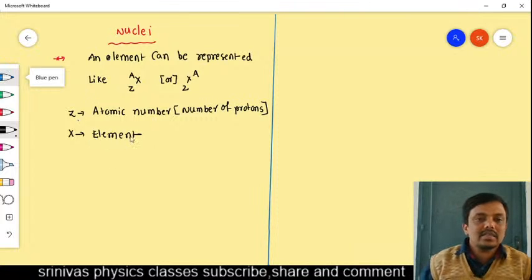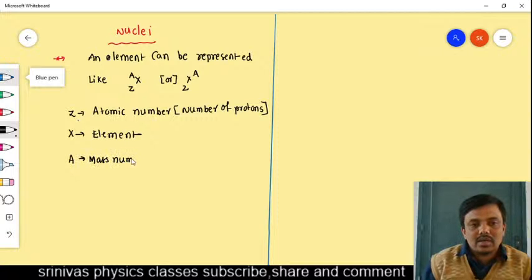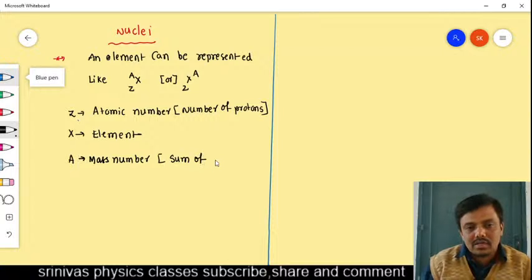X is the element, and A is the mass number. What is mass number actually? What does it explain? Mass number is the sum of the number of protons and the number of neutrons.